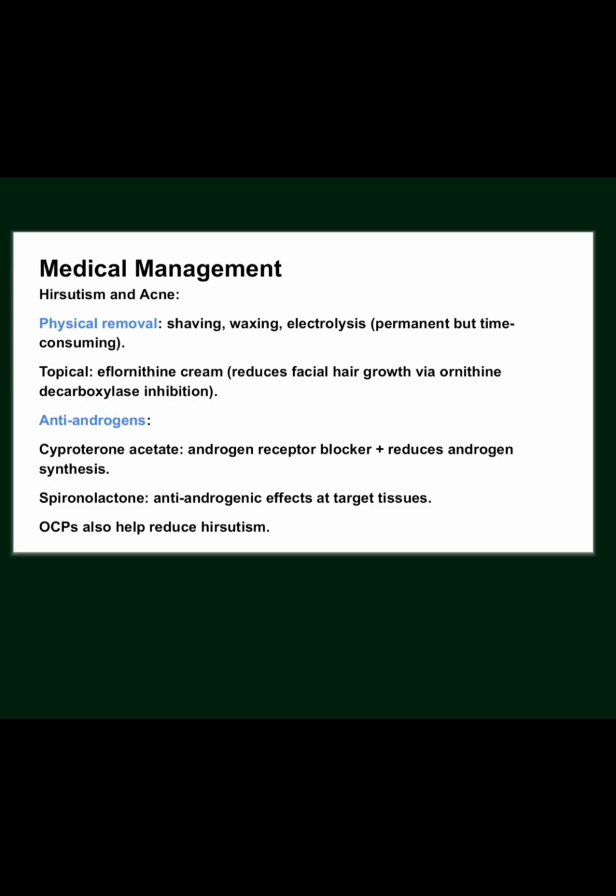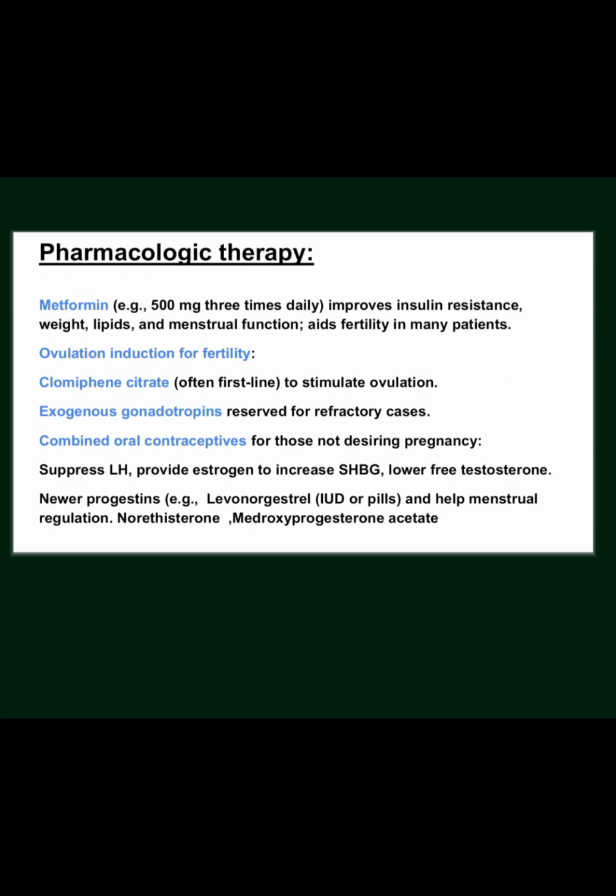Okay, so oral contraceptive pills also reduce hirsutism. So with that being said, pharmacologically, if they are coming with insulin resistance, you can put them at least on metformin 500 milligrams 3 times a day. Okay, which improves the insulin resistance, weight, the lipids, and also improves the menstrual function and aids in fertility in many patients.